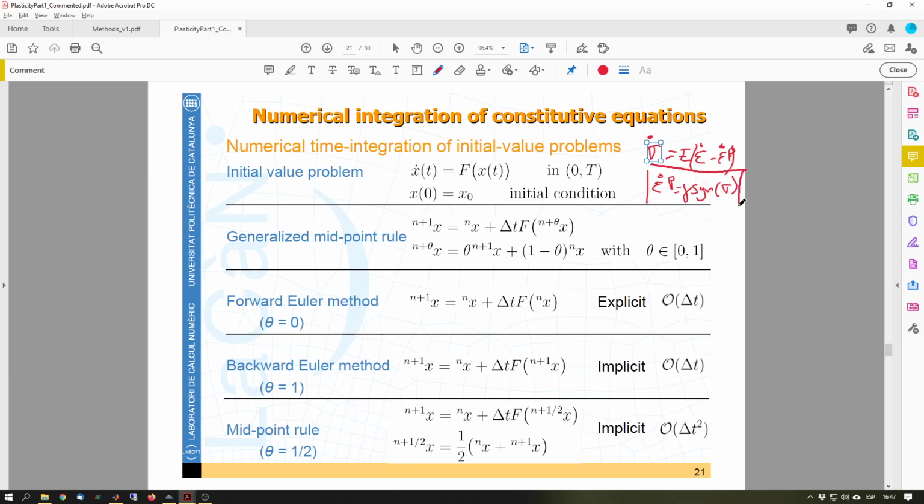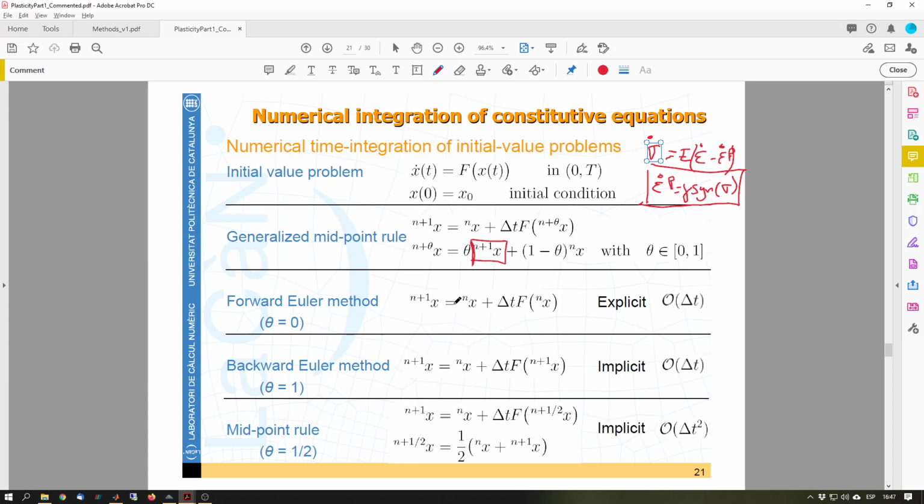This differential equation, we can model that with midpoint rule. That would be the general scheme. Note here that we have the n on the top left. This is awkward, but in the plasticity community, that's the way it was written, and it has been kept so. Whenever we have this theta n plus 1 x, it means that we have x at time n plus 1, or pseudo time.